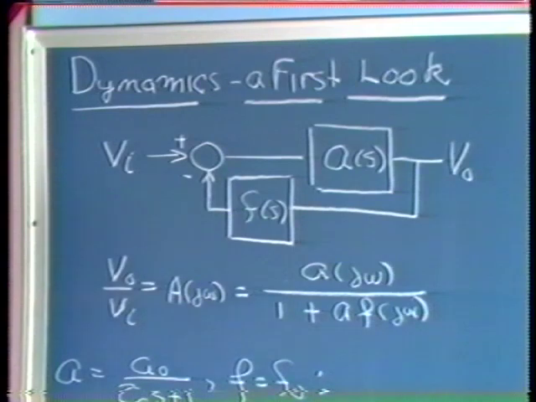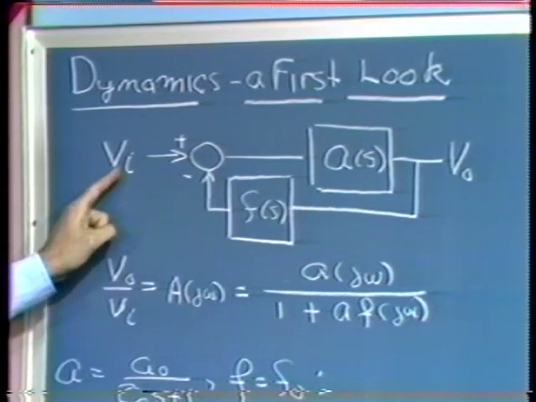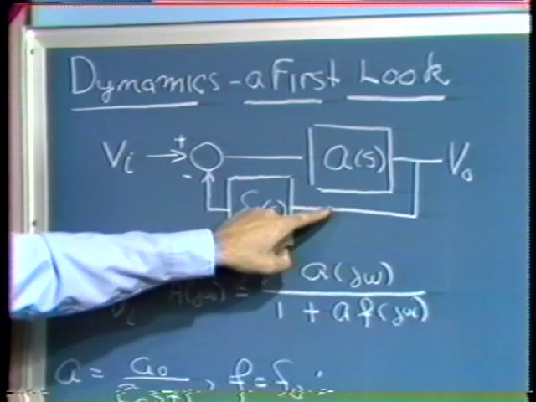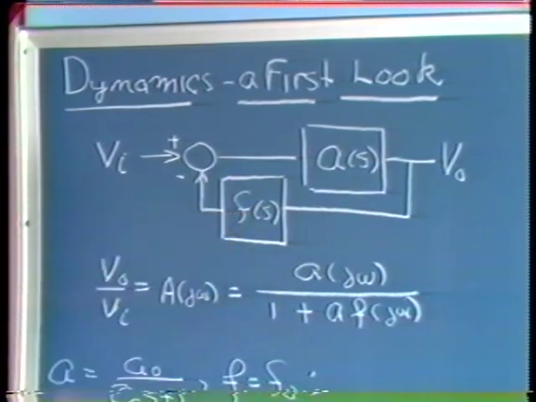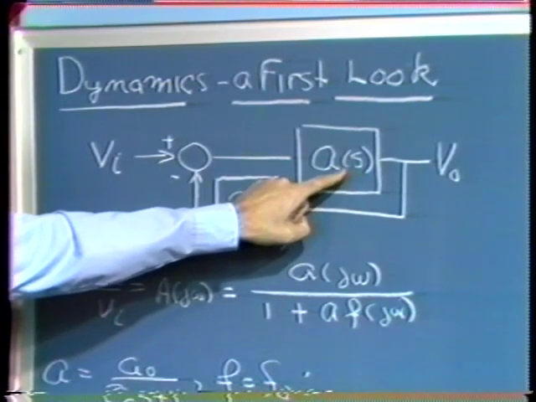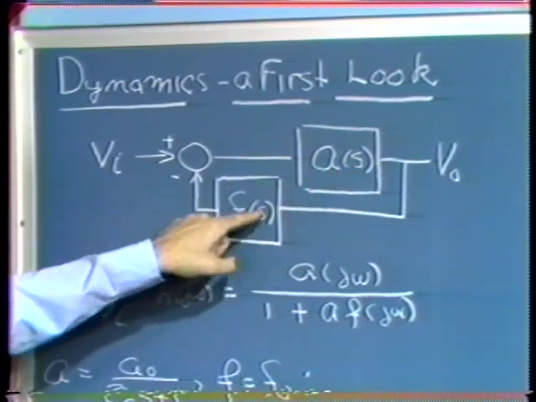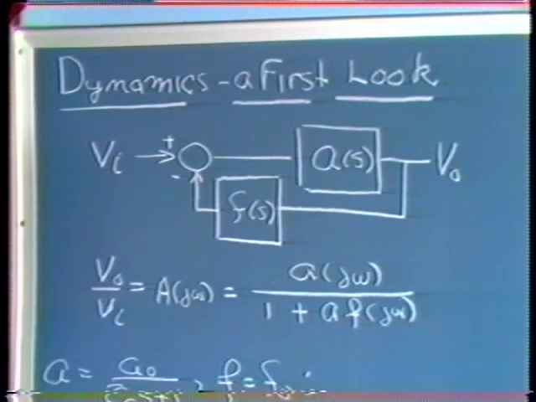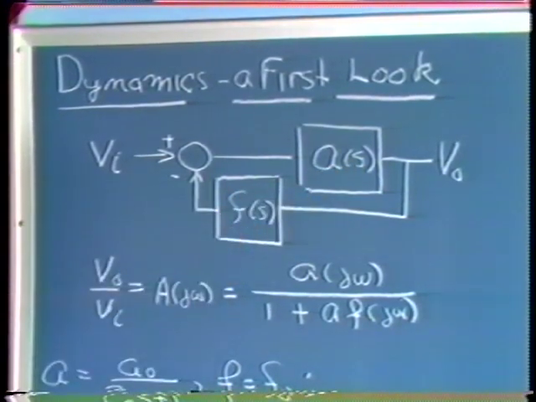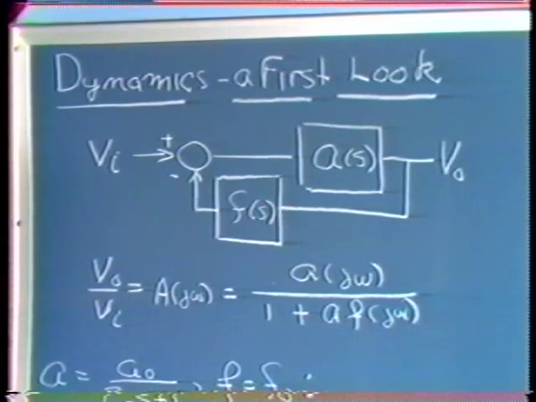We assume that we have a feedback system in its standard form, in particular a forward path transfer function A, a feedback path transfer function F, and here I've indicated specifically that these can be functions of the complex variable S. So we emphasize that by plainly labeling A of S and F of S for the transfer functions of the two boxes.